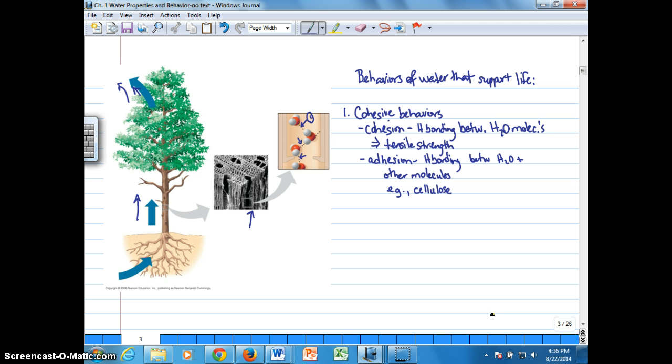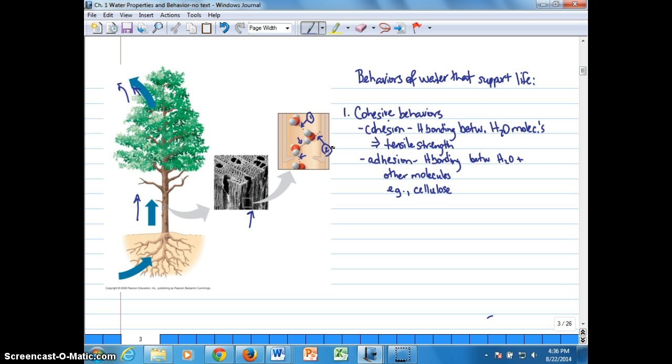So in the diagram over here, we have that illustrated. Here we've got the cell wall of the xylem shown, of a vessel element, for example, and this bond here between a water molecule and the cellulose is demonstrating to us what is going on with adhesion.